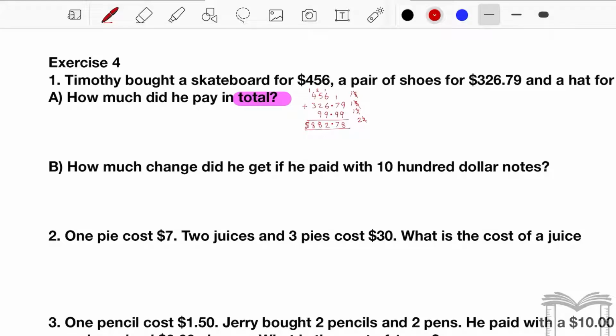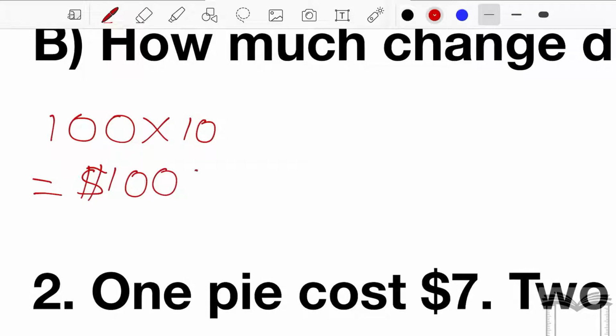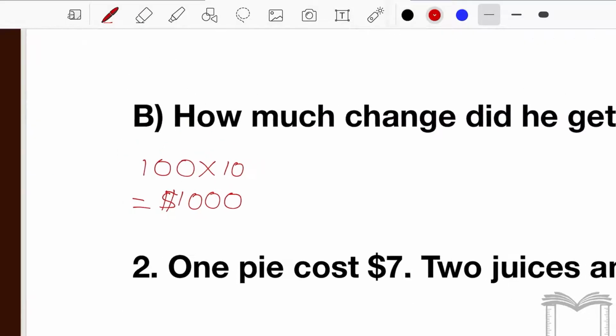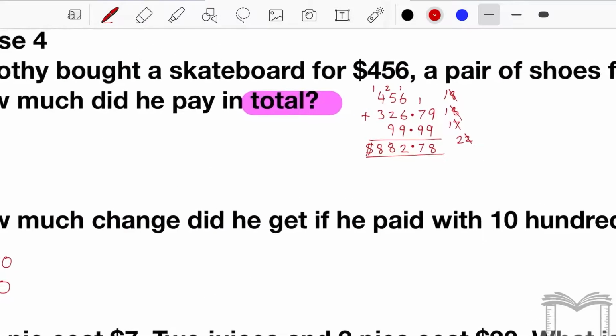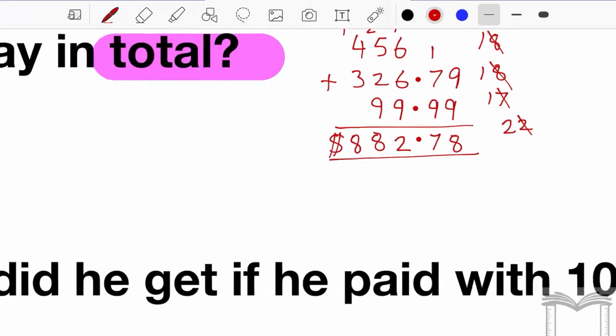How much change did he get if he paid with 10 $100 notes? 10 $100 notes would be $100 times 10. That will give us $1,000. And he spent this amount that we calculated.